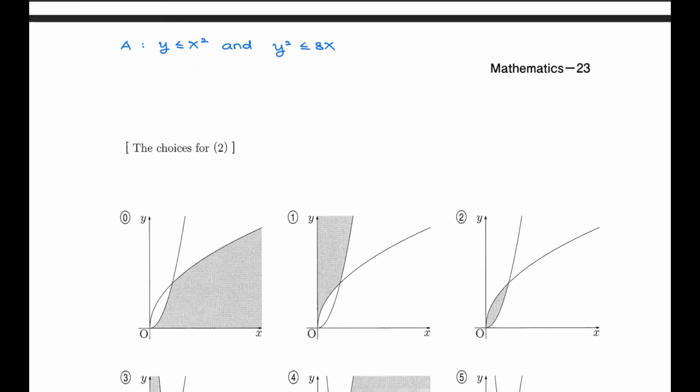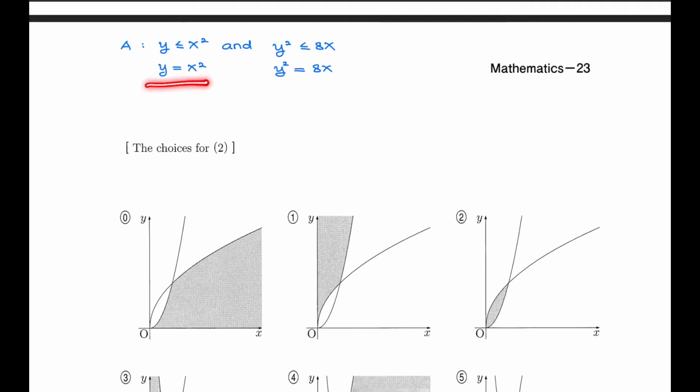If we want to know the shape of the graph, just replace the inequality with equals. So let's say y equals x squared and y squared equals 8x.